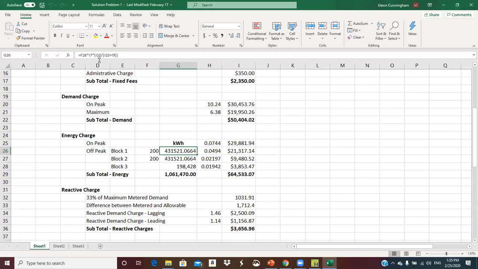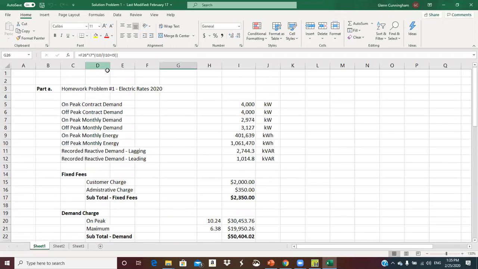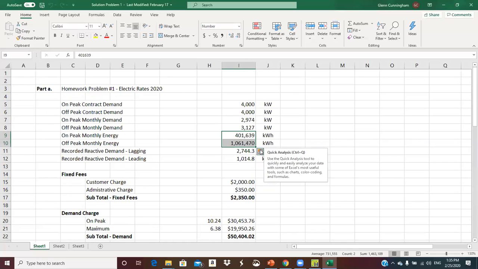It's the off-peak energy, which is I10 for me. It should be this guy right here, divided by the sum of off-peak and on-peak. So that's those two together. That adds up to 1,463,109.